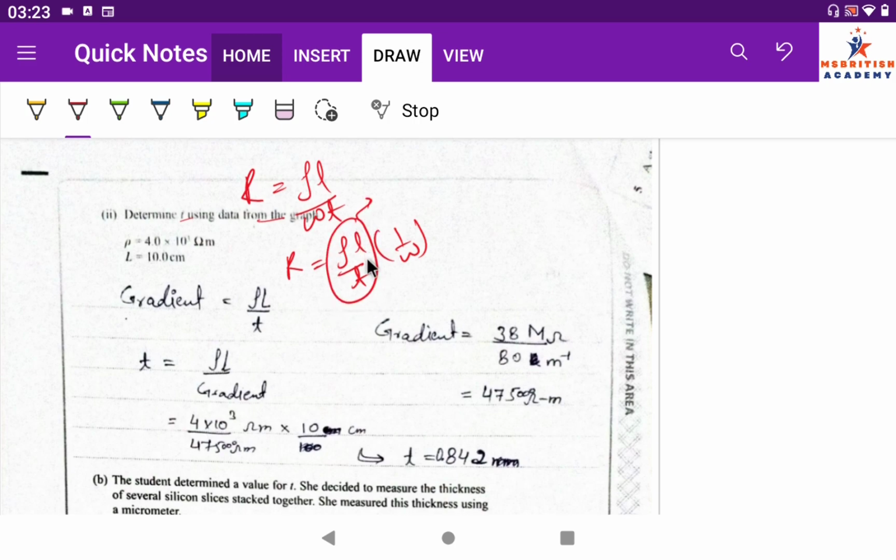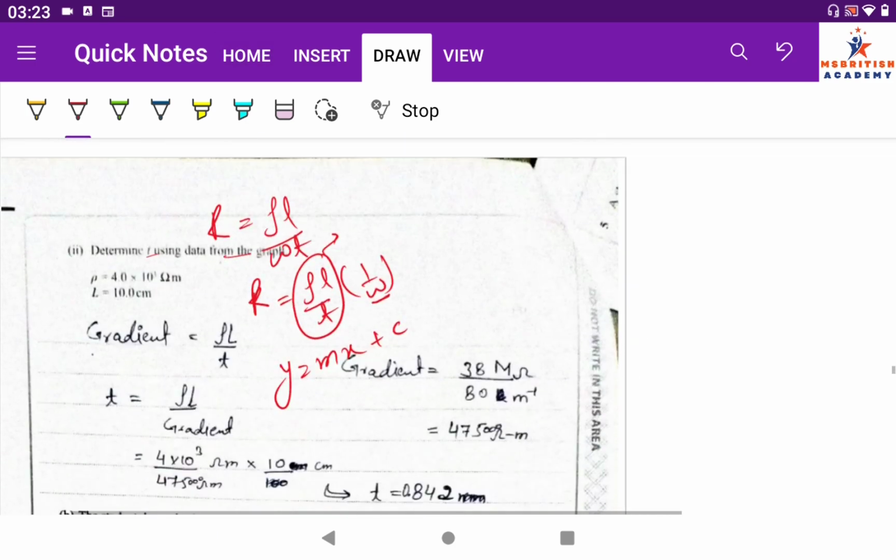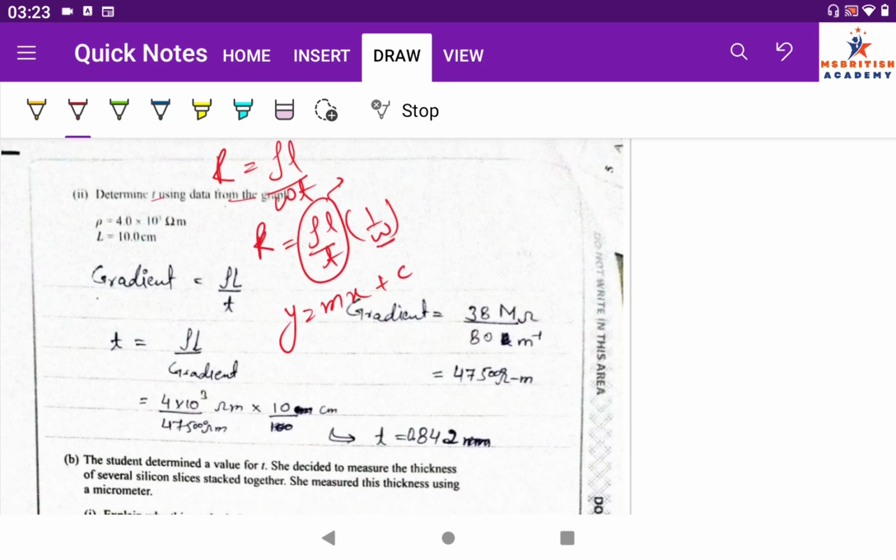This will be the gradient, because this is the x-axis and this is the y-axis, and c is 0 because it starts from the origin. So the c value will be 0. So the gradient is rho L divided by t.